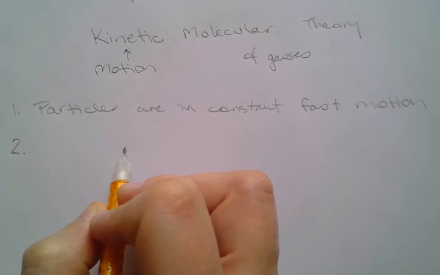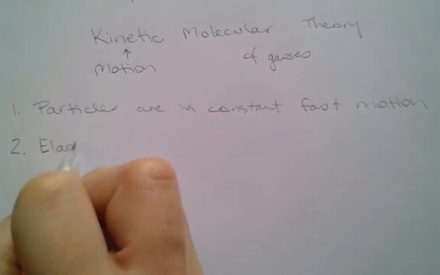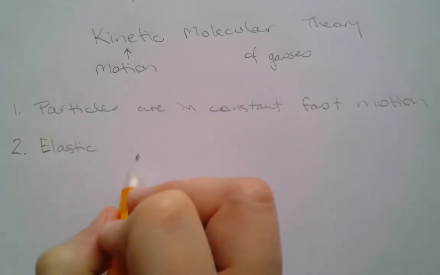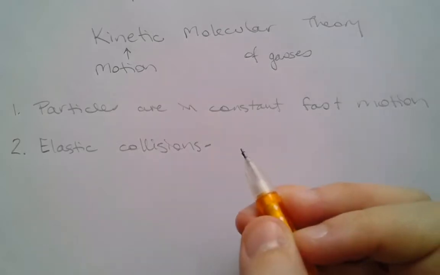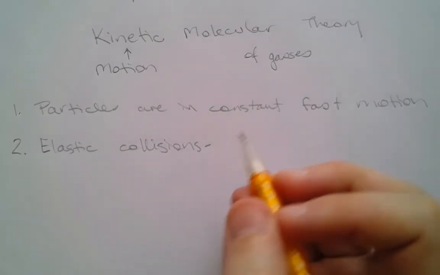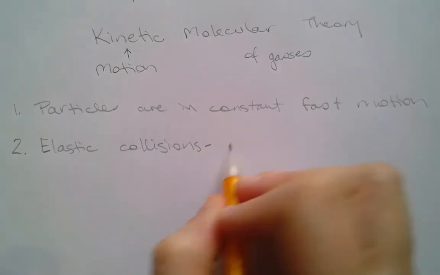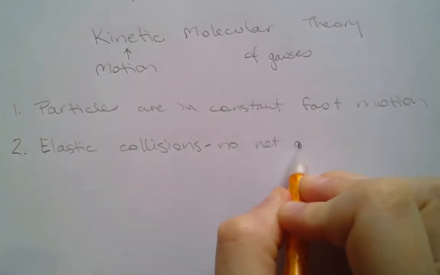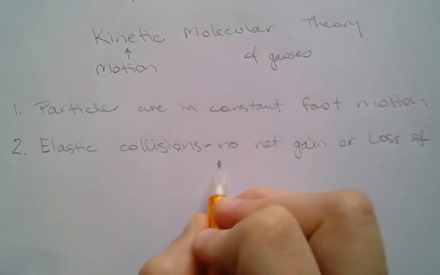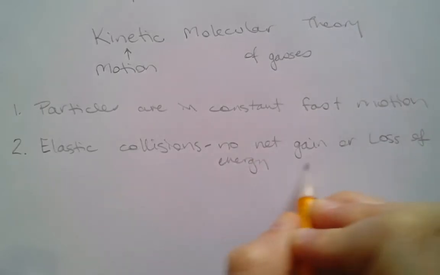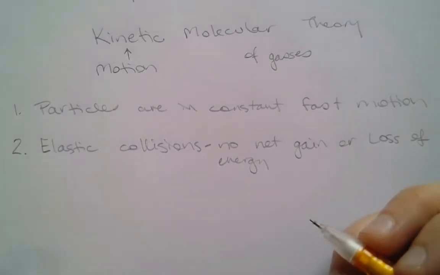On average, there's no change. Fancy word for that is elastic collisions, which is the net energy is there's no net gain or loss of energy when particles collide with each other or the walls of the container.